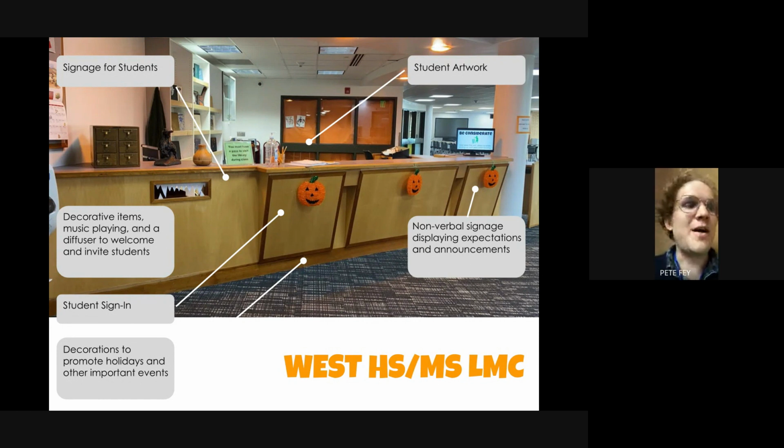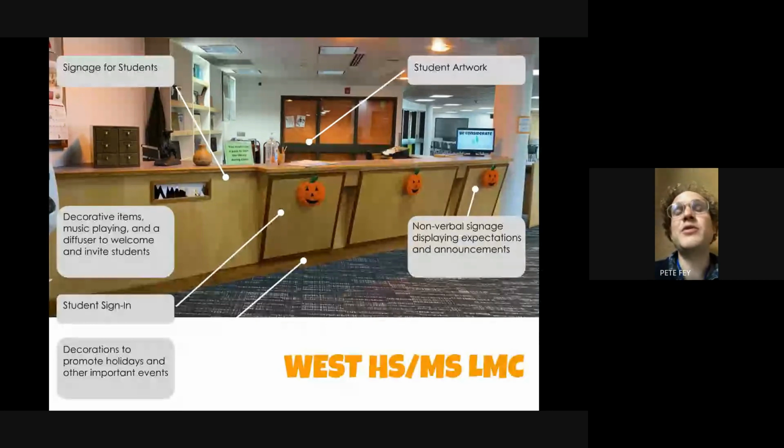I'm always really impressed with what Miguel has going on in his library. It's a very welcoming environment, which I think we all know can be really difficult for middle schoolers and high schoolers sometimes to see and recognize. And Miguel has done a really good job, in this slide, of pointing out some of the ways that he makes it an inviting space.